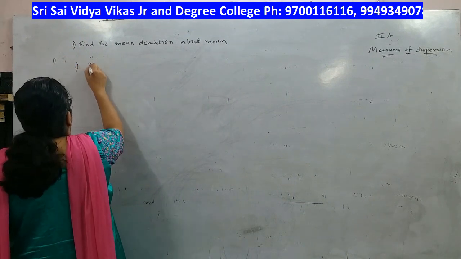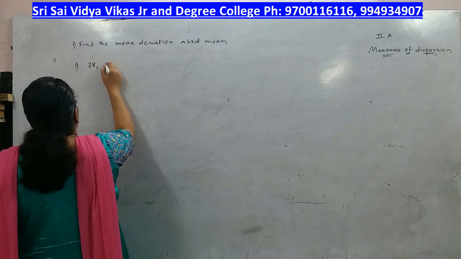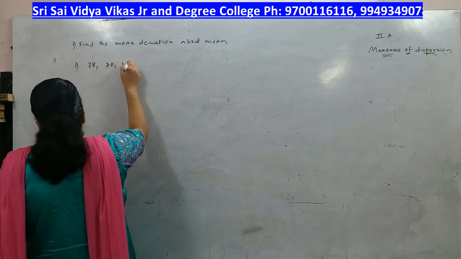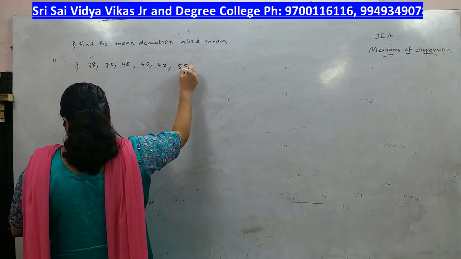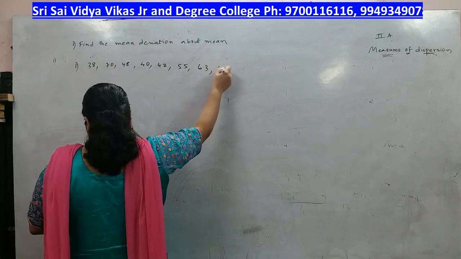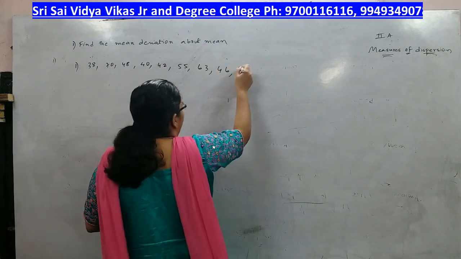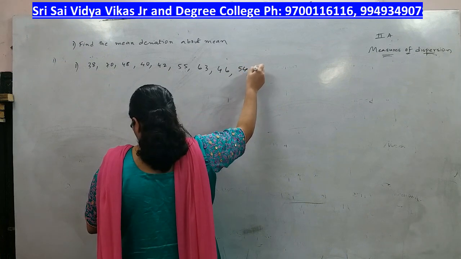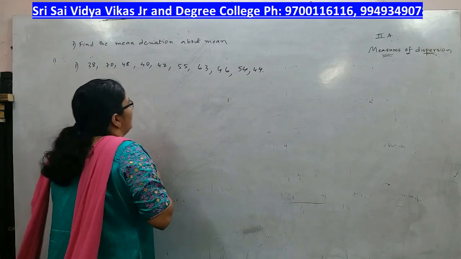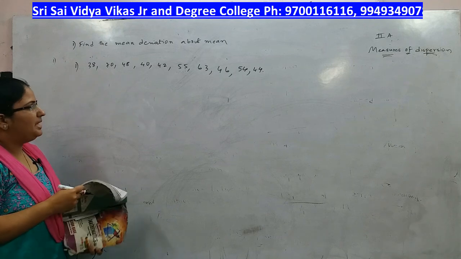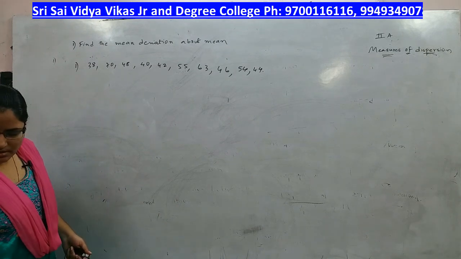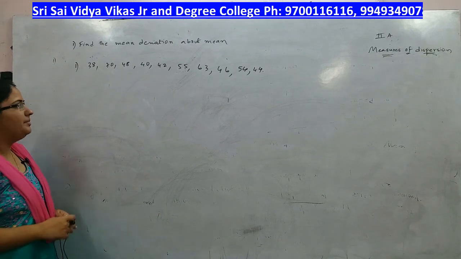First one, values are 38, 70, 48, 40, 42, 55, 63, 46, 54 and 44. First of all, we have to find the mean. After finding the mean, we have to find mean deviation about mean.